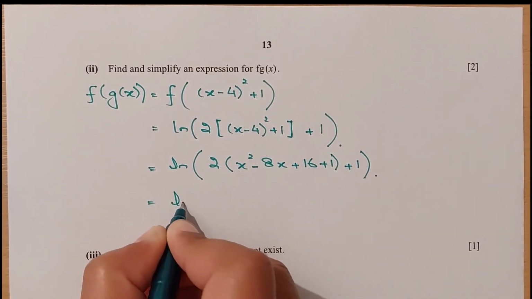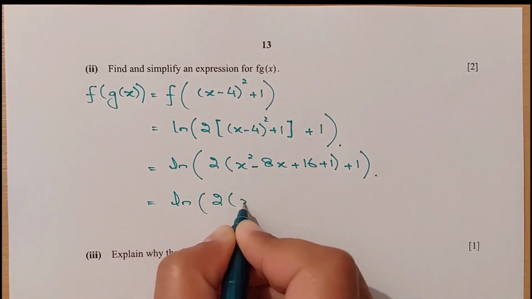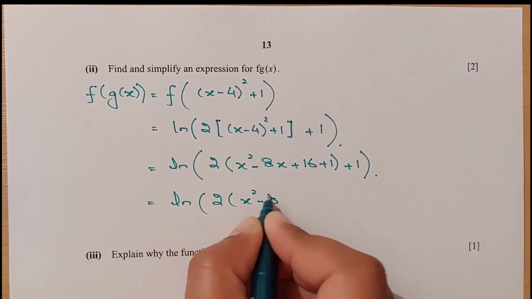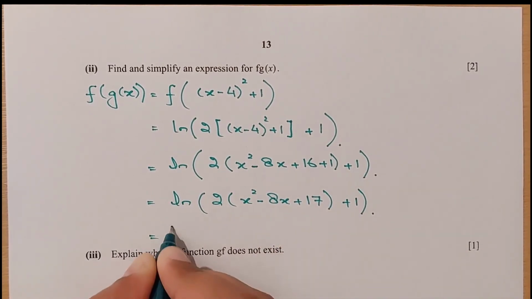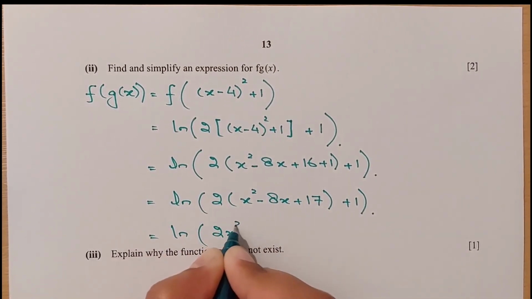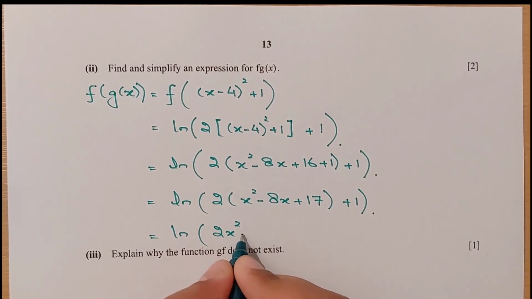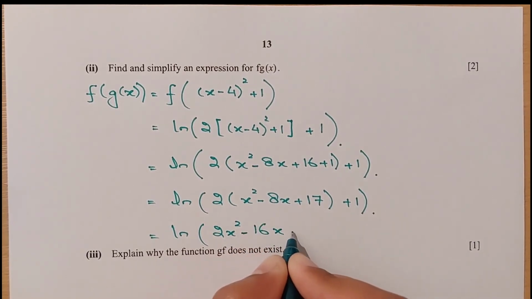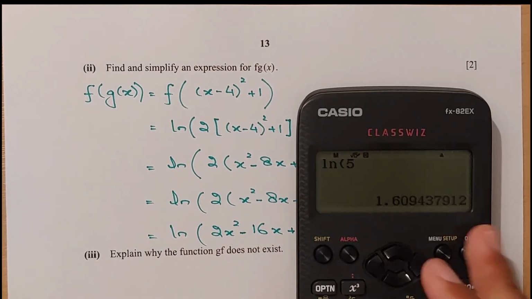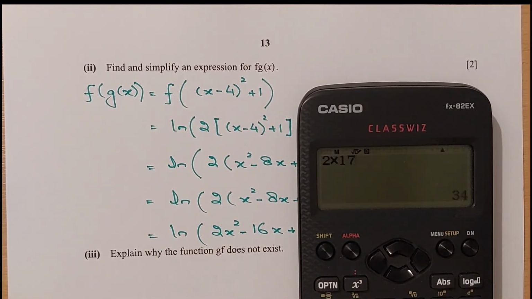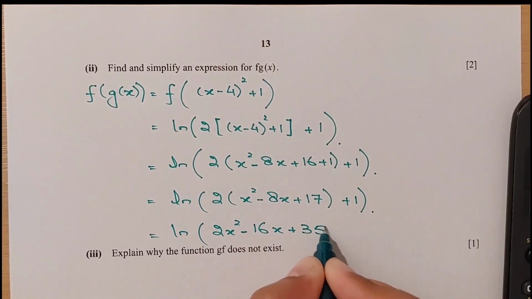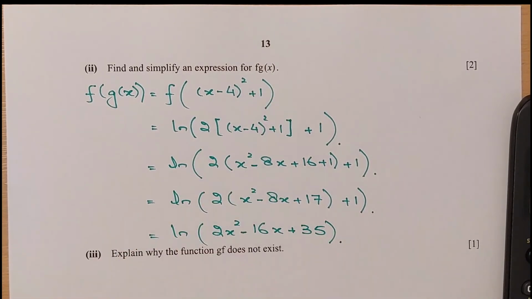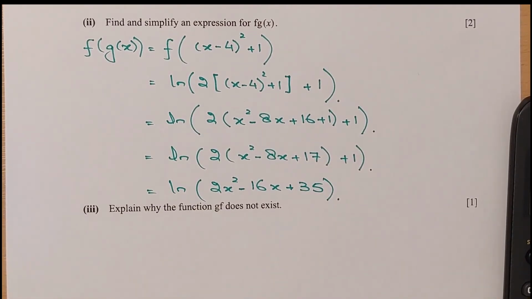So now we have the natural log of 2 times x squared minus 8x plus 17, plus 1, or ln of 2x squared minus 16x, and 2 times 17 is 34, then plus 1, here we have 35. So this is the simplified expression for f composition g of x. Now for the third part, explain why the function f g composition f does not exist.